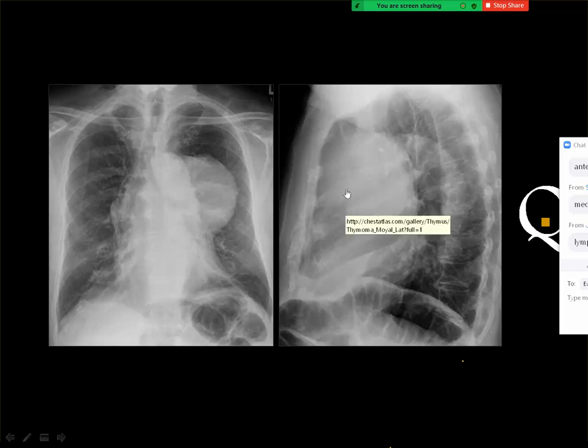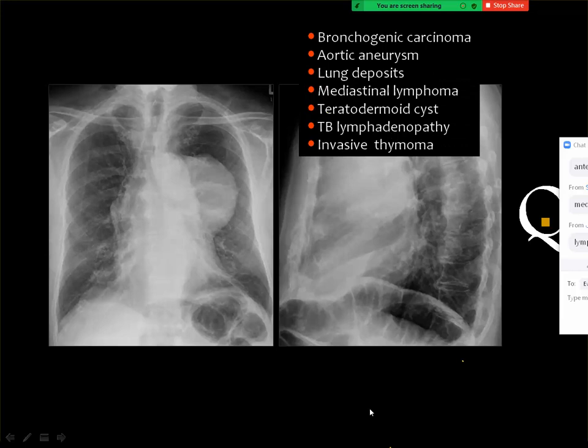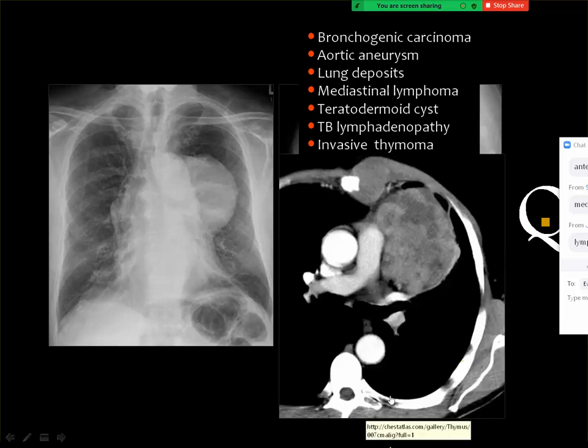Then if you are going to diagnose anterior mediastinal mass, then you think of thyroid, thymus, teratodermoid, and the terrible lymphoma. And you need, of course, the CT scan to solve this problem.